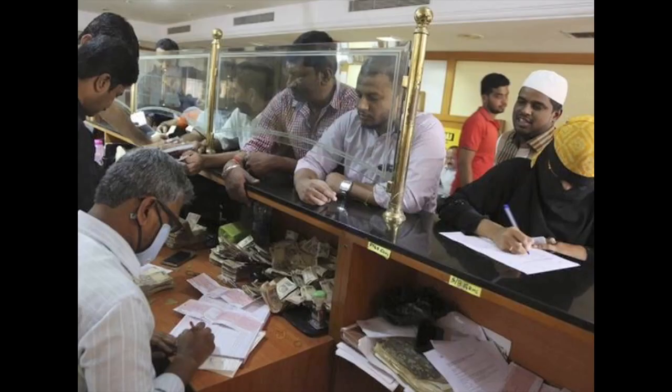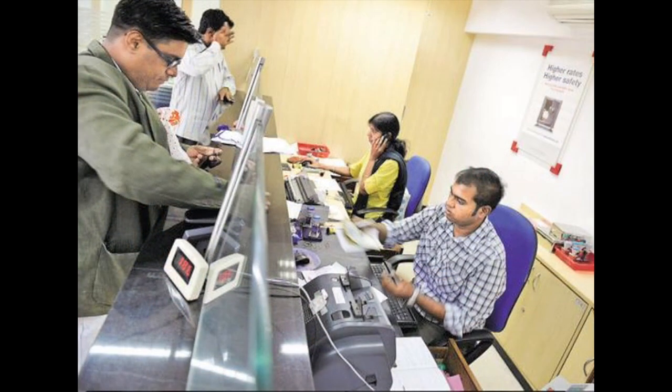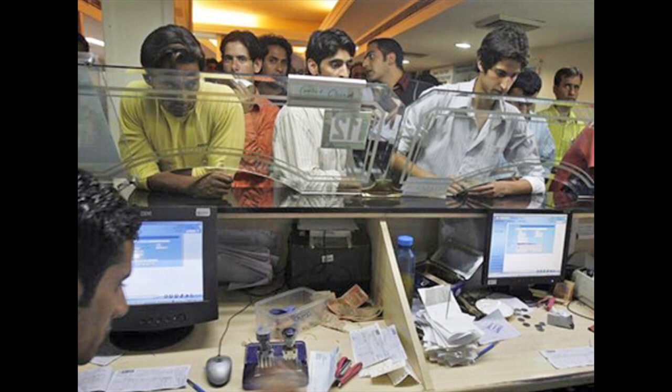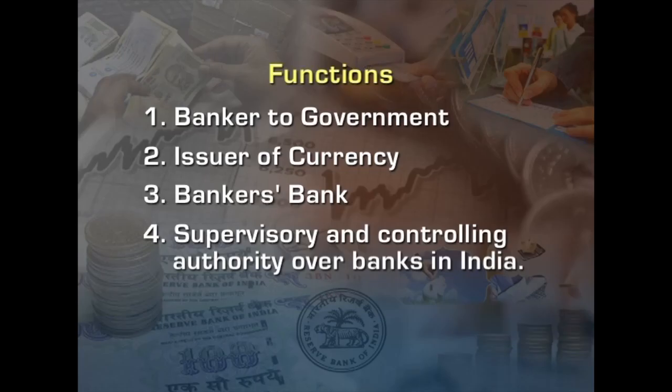It is the regulator and supervisor of the financial system of the country, which prescribes broad parameters of banking operations within which the country's banking and financial system functions, with an objective to maintain public confidence in the system, protect the depositors' interest, and provide cost-effective banking services to the public.